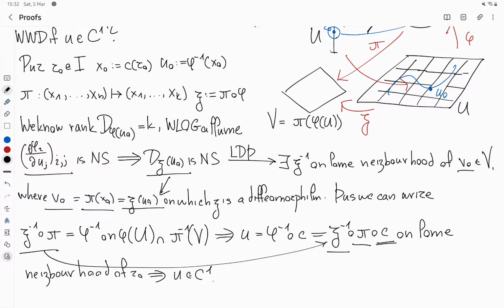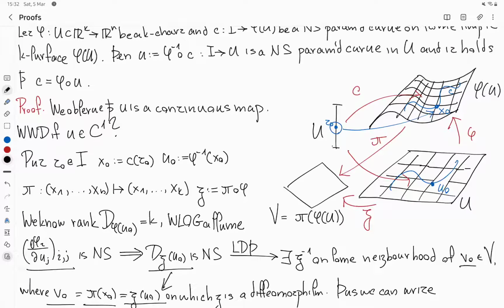Now, moreover, we have demonstrated that indeed this interval is mapped by C here by definition, but also that the function u also maps this interval onto this function.